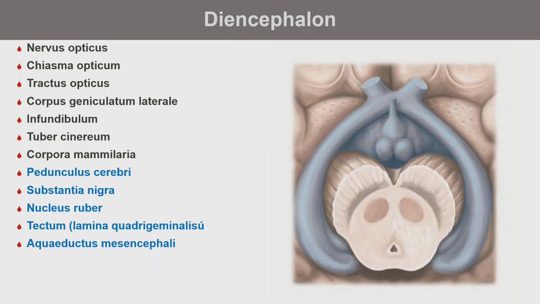The last view is from the floor, and here we can distinguish those structures which are very well seen after the mesencephalon is cut off. And here is an optic nerve. This is a chiasma. And here we have a tractus.